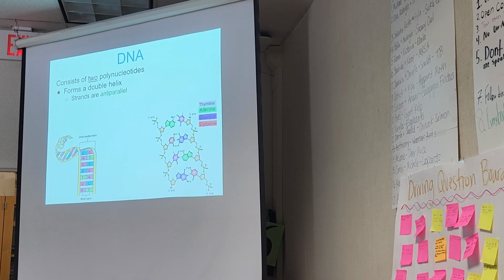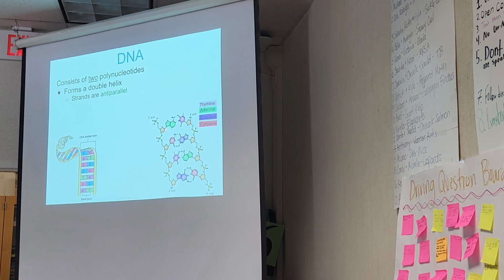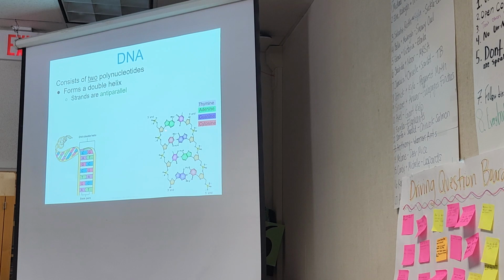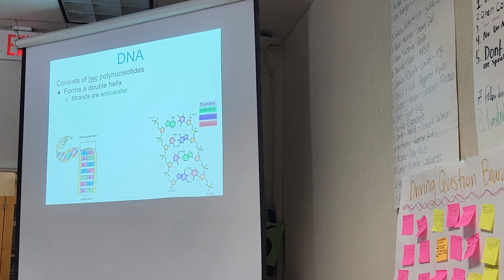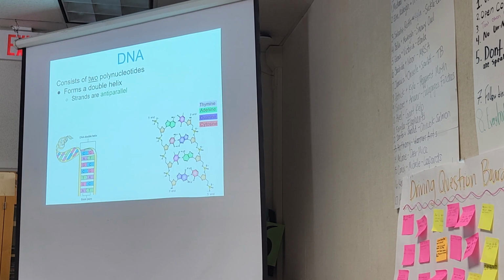So, again, you've got your two strands. What is the yellow right here? How many sides are on there? 5. What is it we've been talking about that has 5 sides in DNA and RNA?